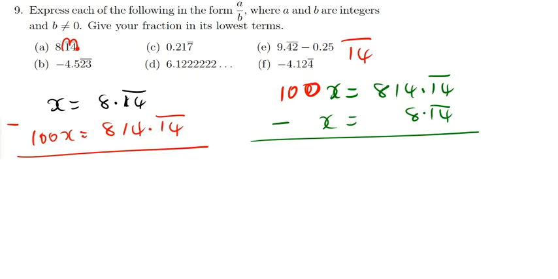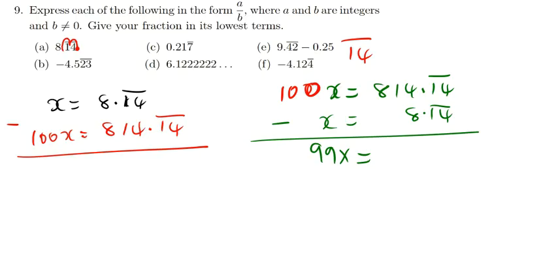So 100x minus x is 99x, right? Then this one is going to be 14 minus 8, 6. Then what are we going to have?